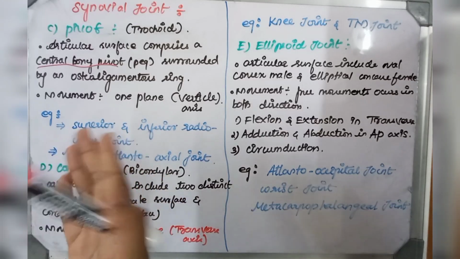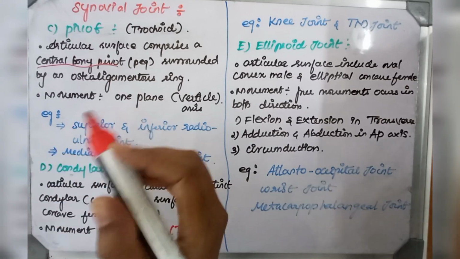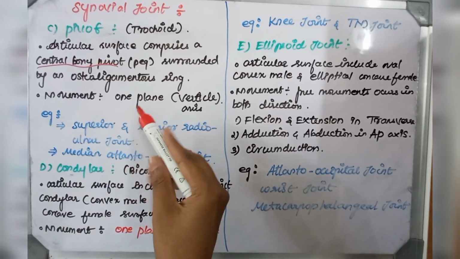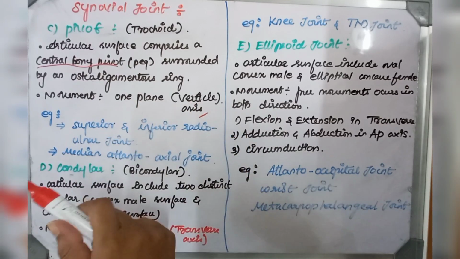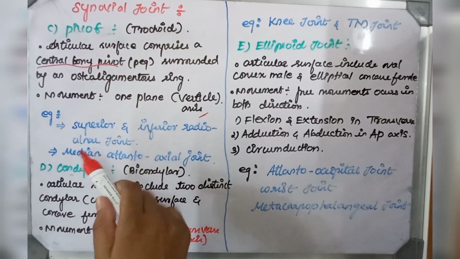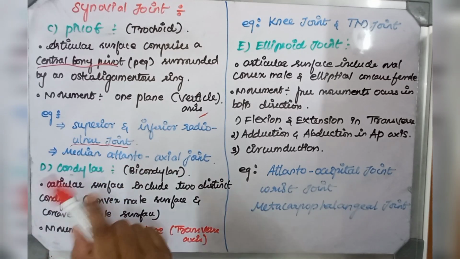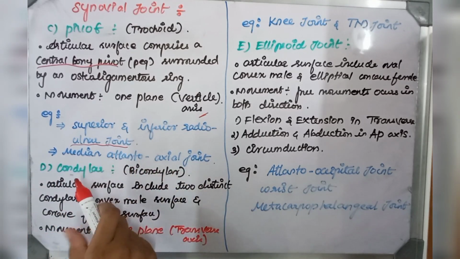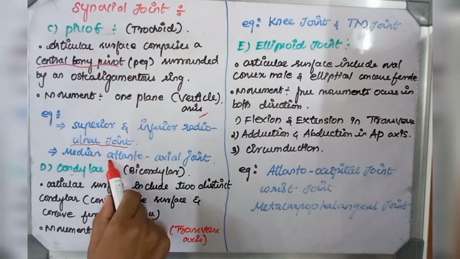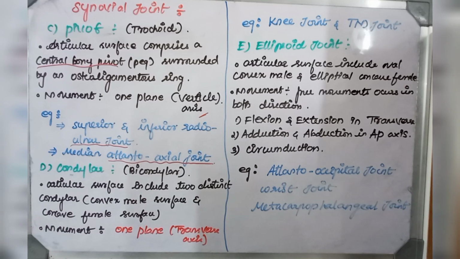It is able to move in one plane, around the vertical axis. Examples of this joint are the superior and inferior radioulnar joints and the median atlantoaxial joint. So this is all about the pivot joint.